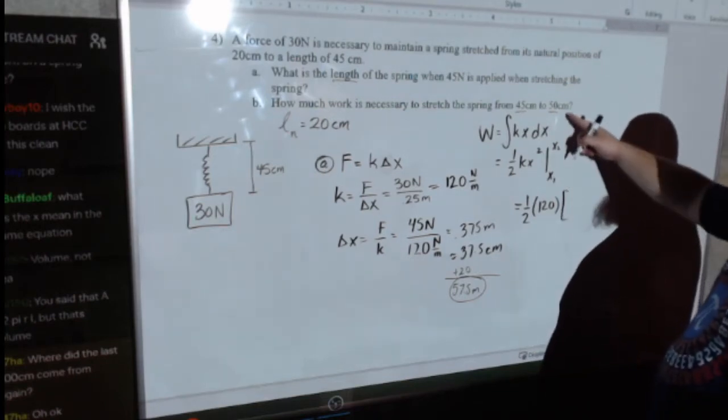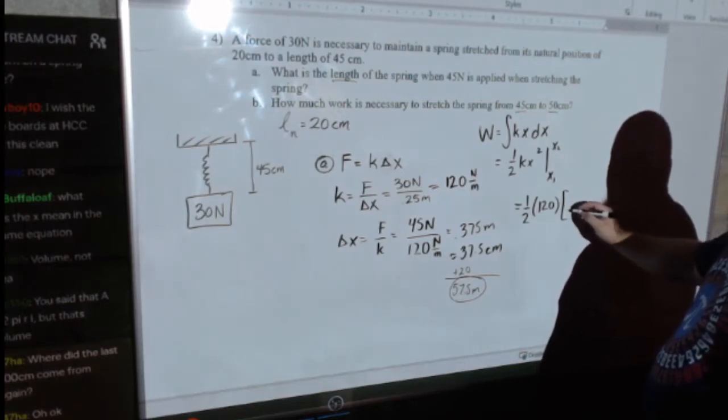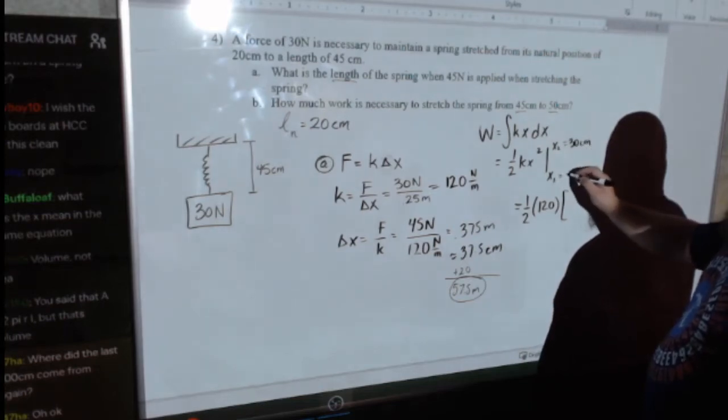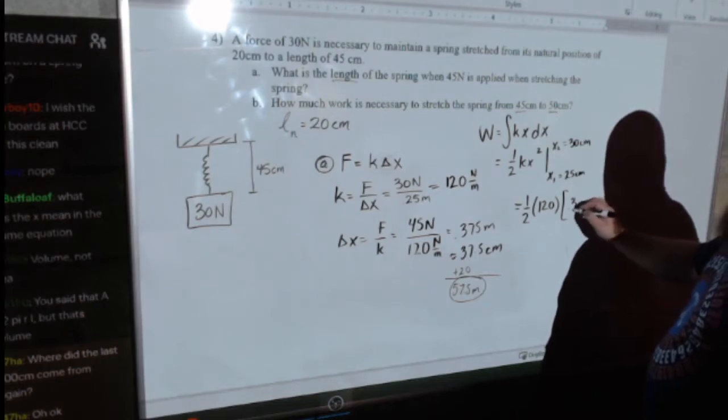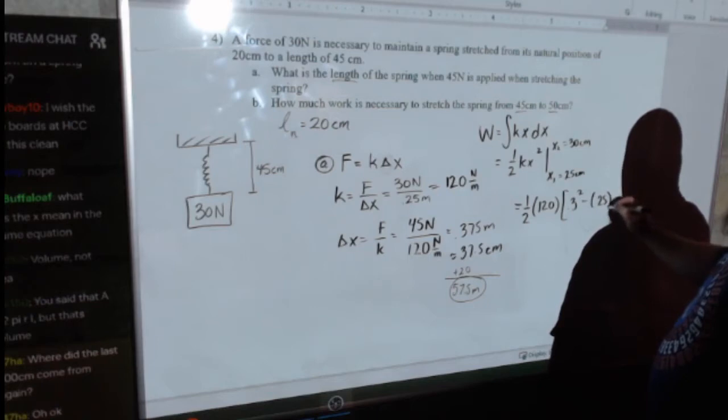So first, the 50 centimeters, that's 30 centimeters away. And the 45 is 25 away. So this is going to be 0.3 squared minus 0.25 squared.